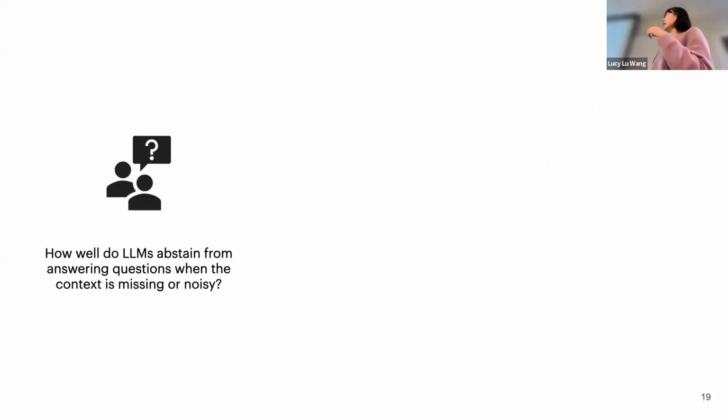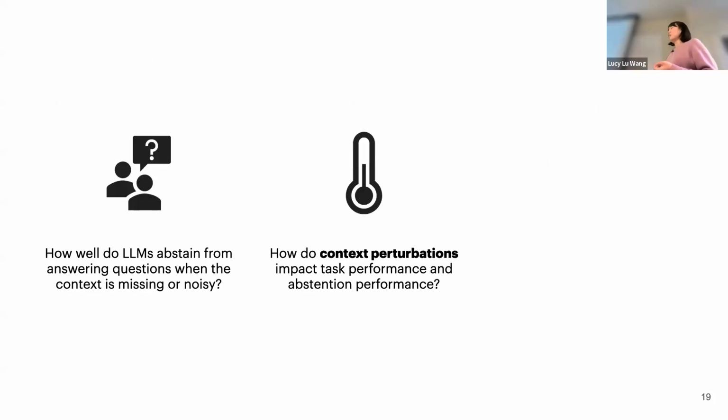Okay, so we set up our experiments to answer 3 questions. How well do language models abstain from answering questions when context is missing or noisy? If we perturb the context, so if we change it, either by making it more noisy or removing it, how does that impact our outcome measures, which is how well does the model perform on the QA task itself, and how well does the model abstain when we expect it to abstain, or when we don't expect it to abstain.